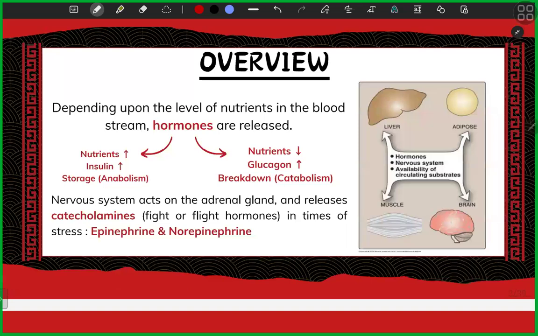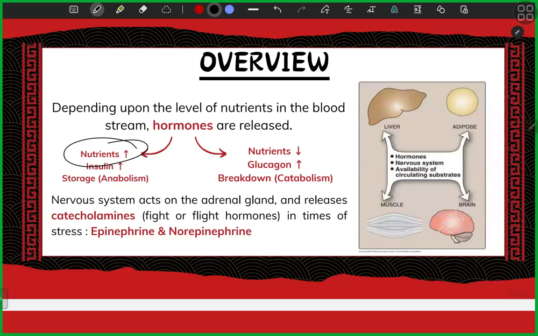First of all, there is an overview. Depending upon the level of nutrients in the body, depending upon if we're eating food or fasting, there are two different hormones that act. If our nutrients increase and we're taking in food, our insulin increases. Why? Because when we take in food, our blood glucose increases and our insulin increases to decrease the blood glucose.